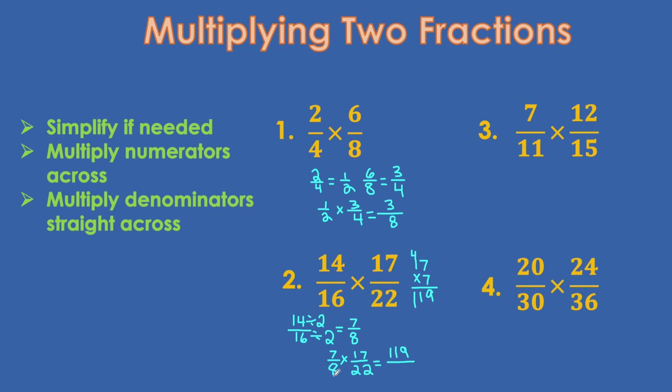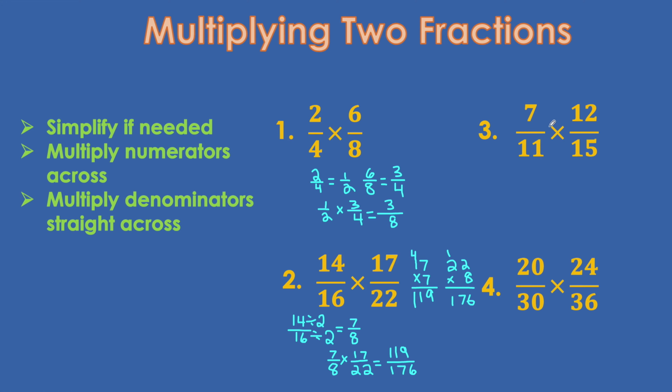Denominator, we're going to multiply straight across. 22 times 8. 2 times 8 is 16. Carry the 1. 2 times 8 is 16, plus 1 is 17. So our denominator is 176. Our final answer is 119/176.